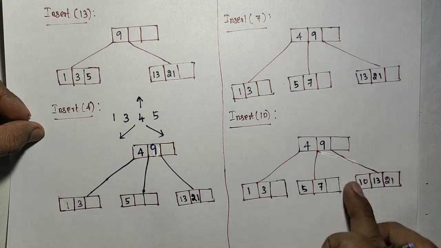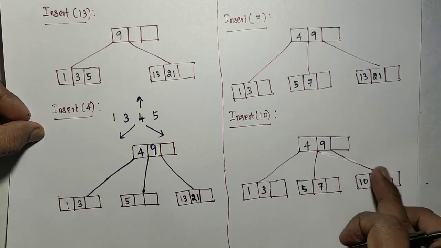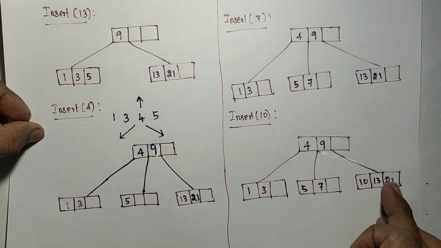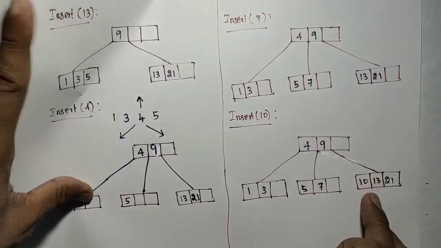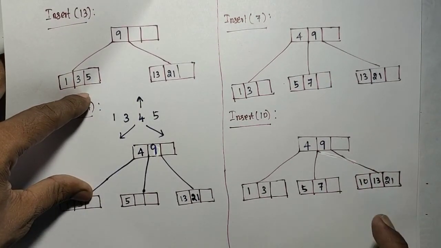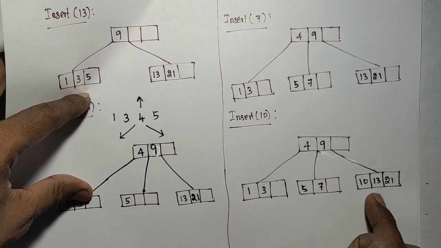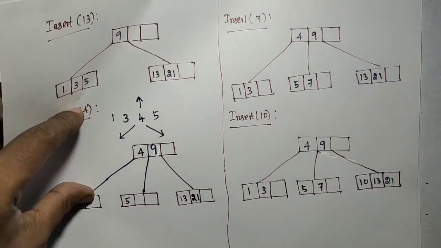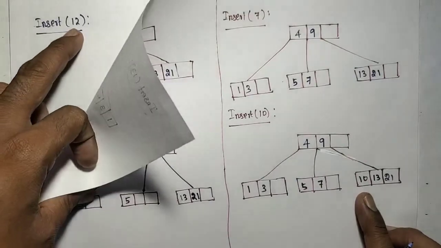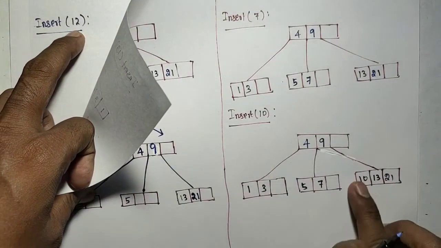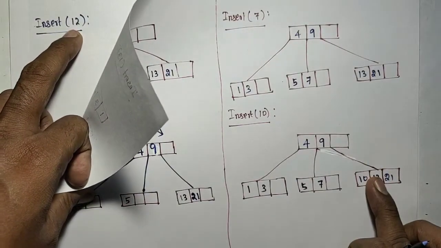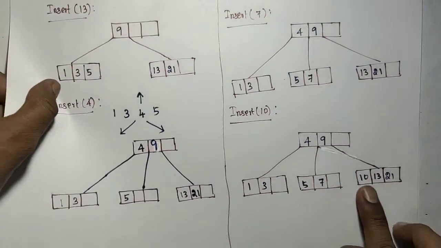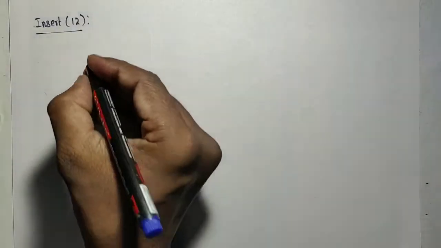This is the leaf node, so there are no further nodes, and I want to insert the 12 here. But there is no space for the 12 here, which means I need to split and increase. Split means I write these node elements together with the new element in ascending order: 10, 12, 13, 21.